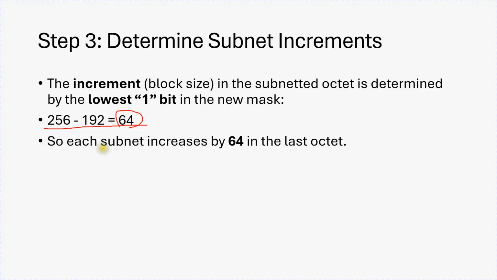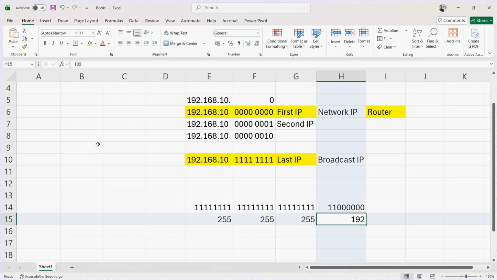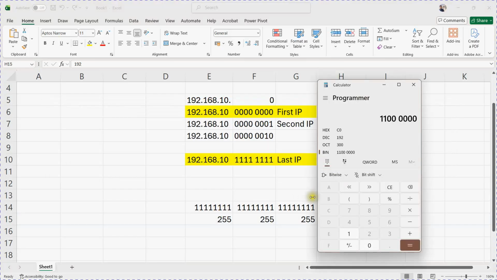Why are you going to subtract it from 256? Here you see the value for all ones is 255.